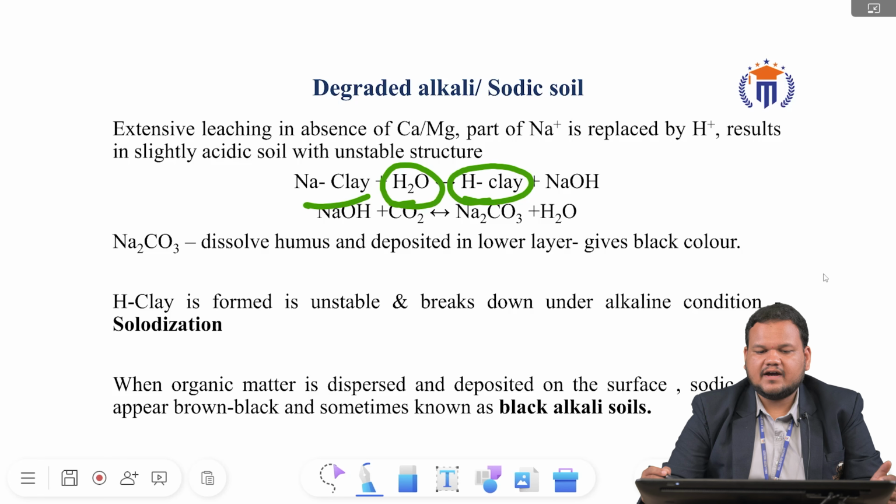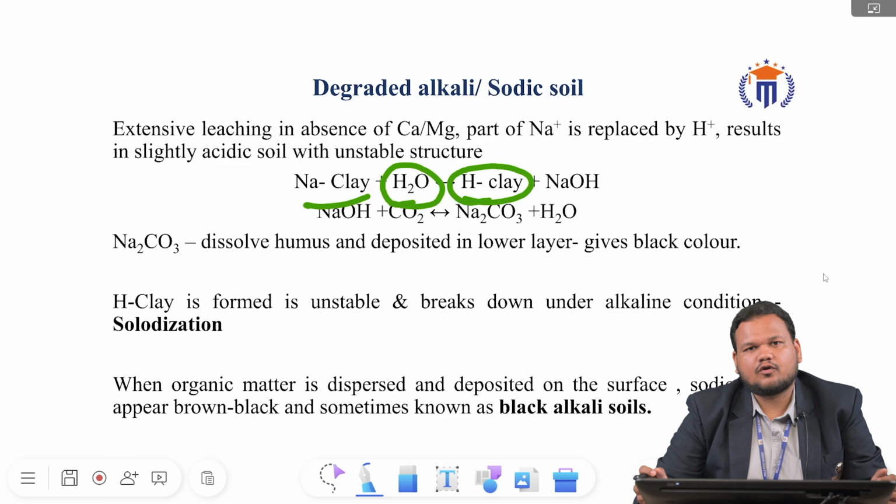Okay, and also why are these sodic soils black in color? In these sodic soils, as you can see, dispersion happens. There are 2 conditions, flocculation and dispersion. Flocculation happens in the presence of calcium and magnesium, where the thickness of the diffuse double layer is decreased, resulting in the flocculation or aggregation of the soil particles.